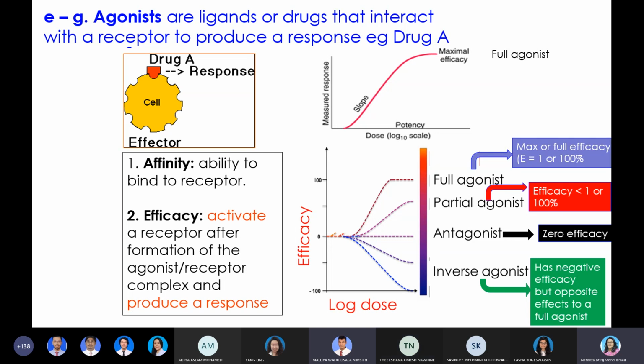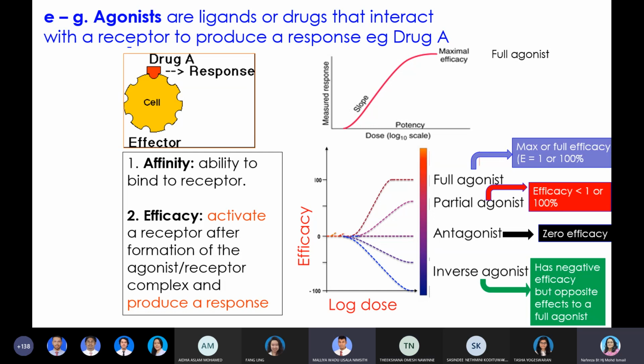We have full agonists. A full agonist is reached when, if you increase the dose, the response will not increase further. Increasing the drug will not increase the response, though it may increase the adverse effects. We do have full agonists. Okay, thank you, Professor.